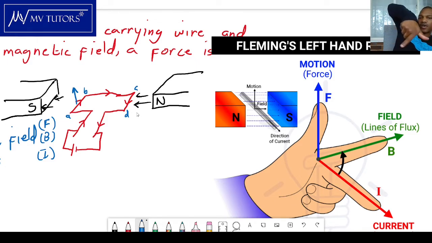My magnetic field is still going from right to left, and my current is moving towards me from the screen, which means my force is now coming down on this side. It's moving down, so this wire is going to move down. As you can see, this wire is actually turning clockwise, so we have a clockwise movement over here.